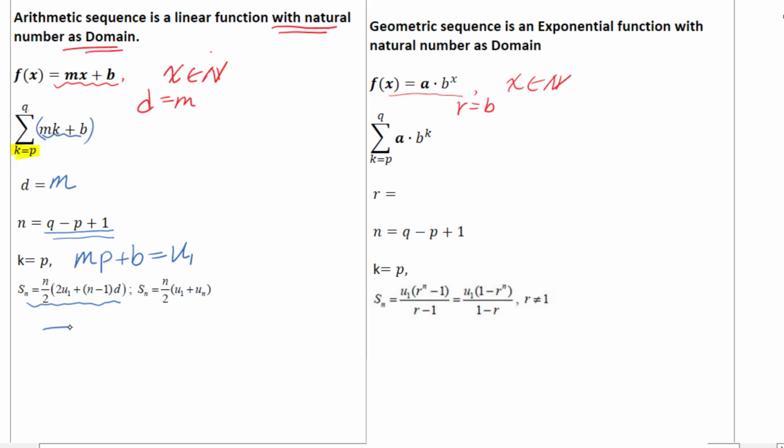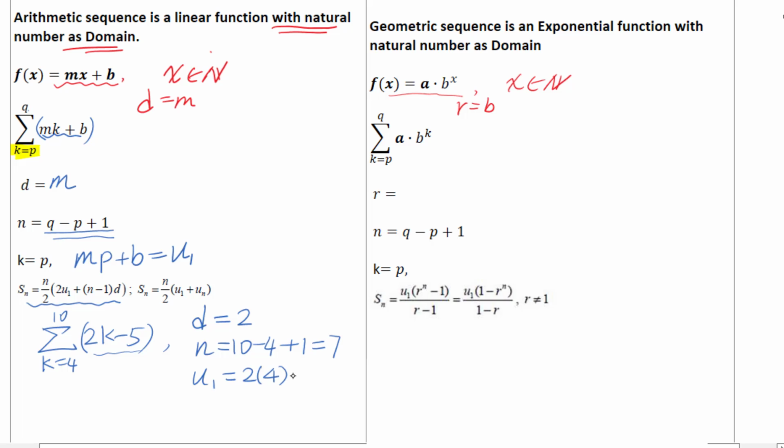For example, first of all, we know this is a linear function, so it's an arithmetic series. The common difference is the slope 2. Then the number of terms will be 10 minus 4 plus 1 equals 7. And then the starting ordinal number is 4. So the first term will be 2 times 4 minus 5 equals 3.